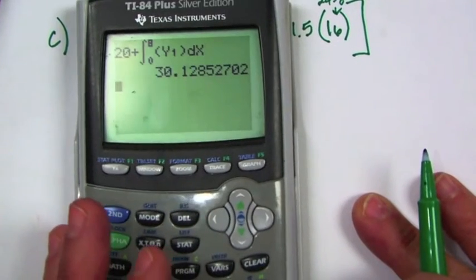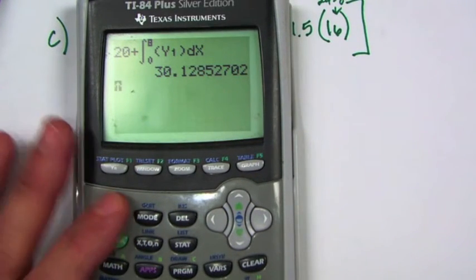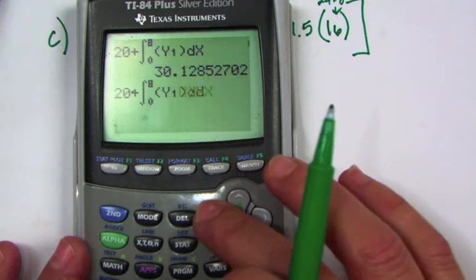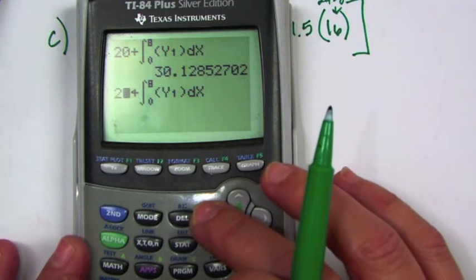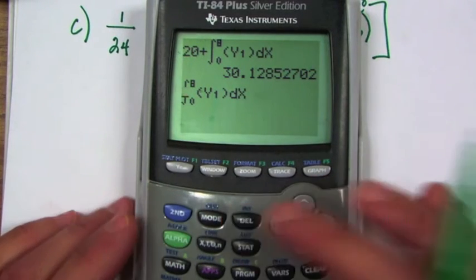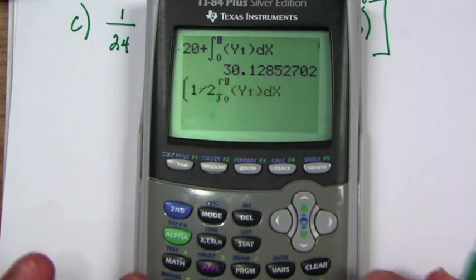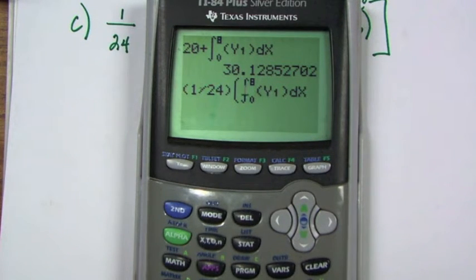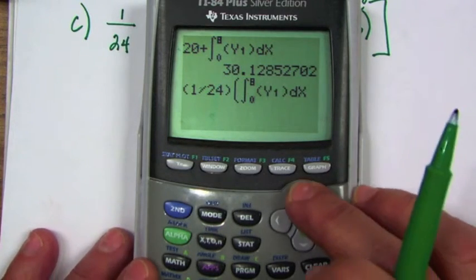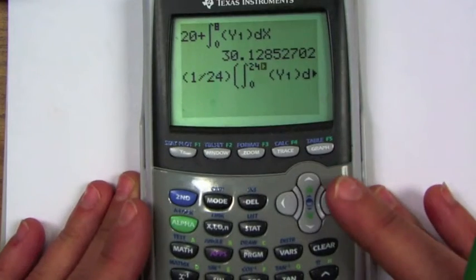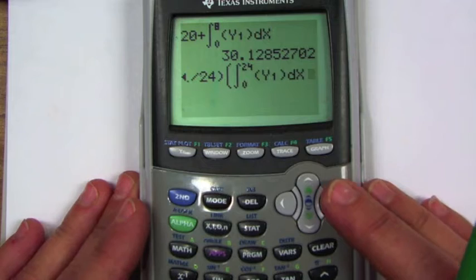Just in case you don't know this, you can hit second entry and pull up whatever you just had in your calculator. So I can arrow over here and delete what I need to, and then I can insert. Do you guys know how to insert? So I inserted that 1 over 24, then I change my 8 to 24, and then I just need to add to it.